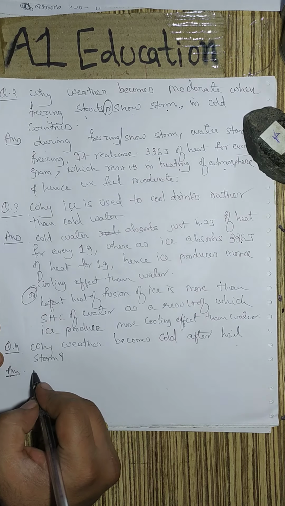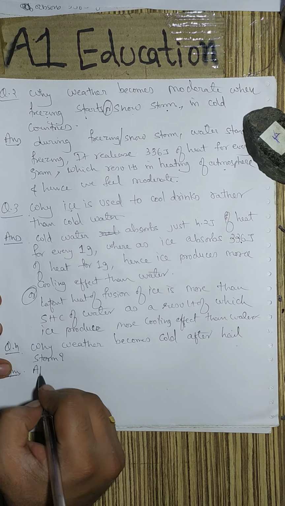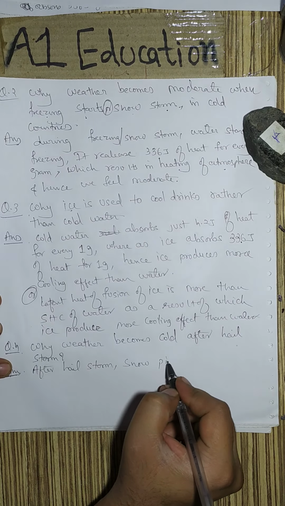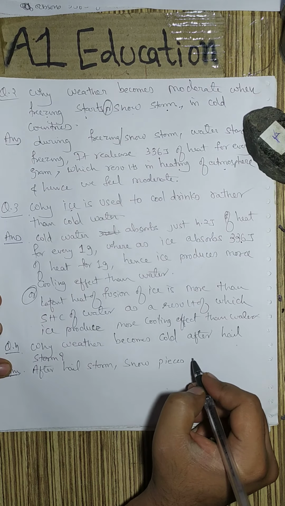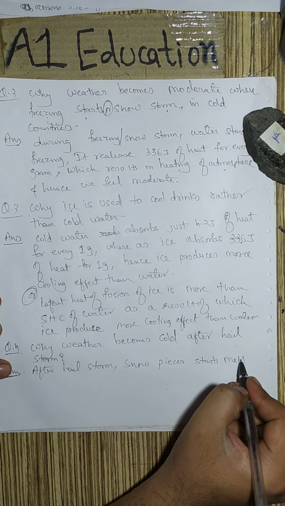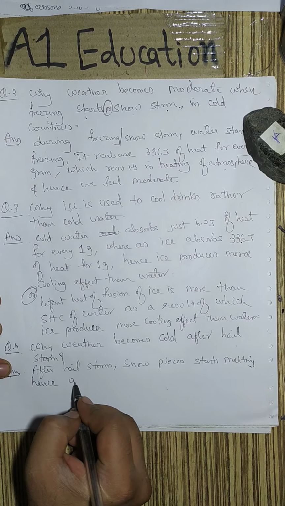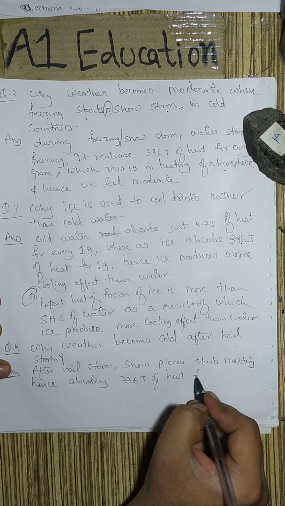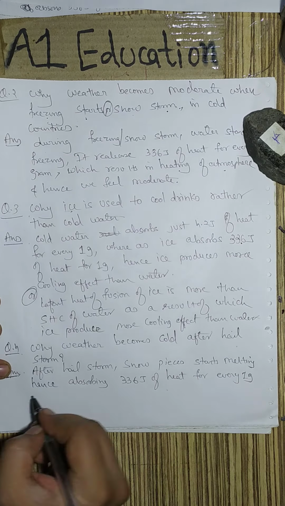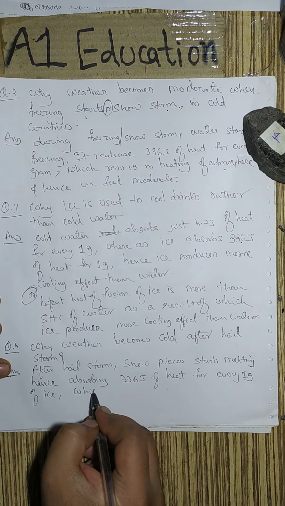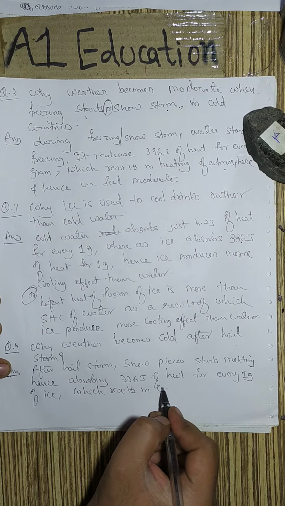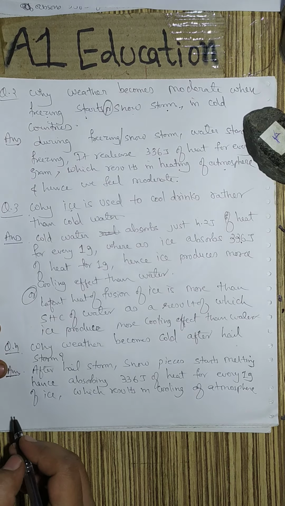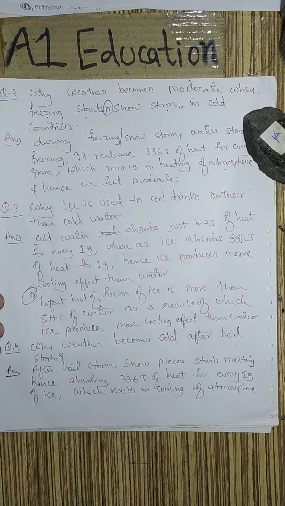So the answer for this question is, after hailstorm, snow pieces, or you can say ice pieces start melting, hence absorbing 336 joules of heat for every 1 gram of ice, which results in cooling of atmosphere. Hence we feel very cold after a hailstorm.